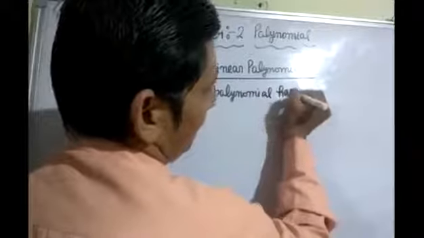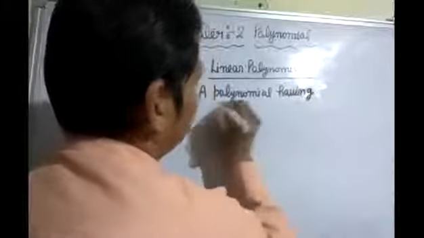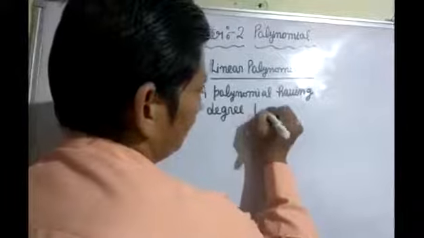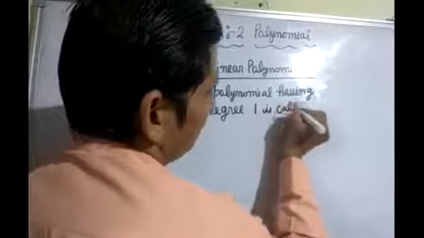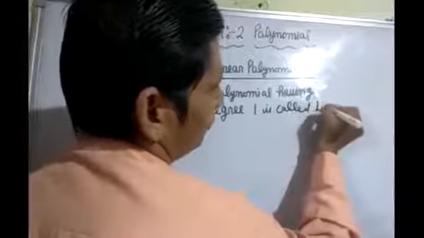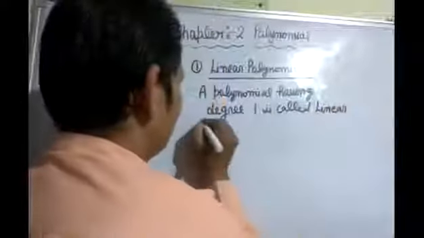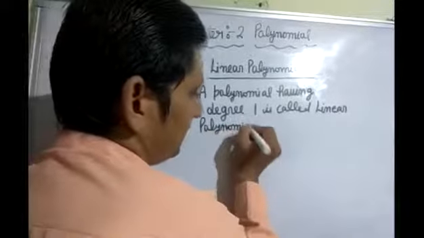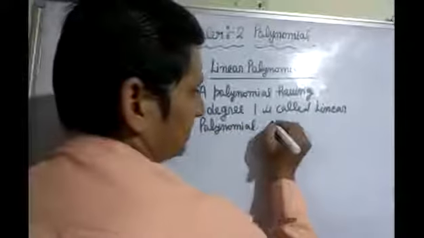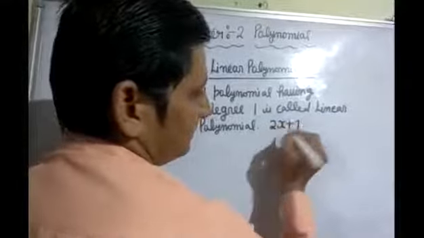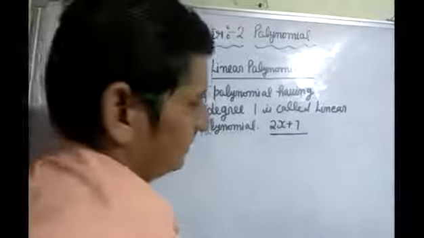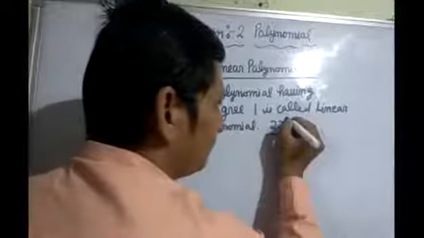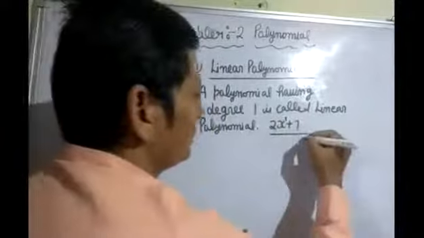For example, 2x + 7. In this expression, power of x is 1, so it is linear polynomial.